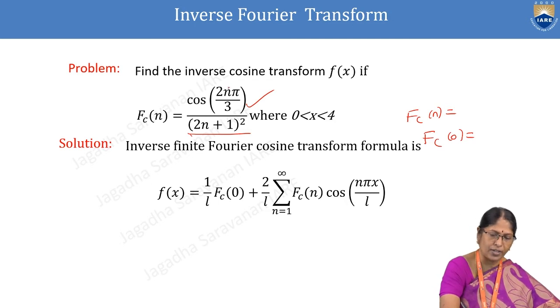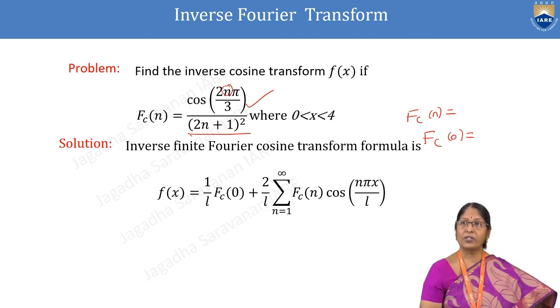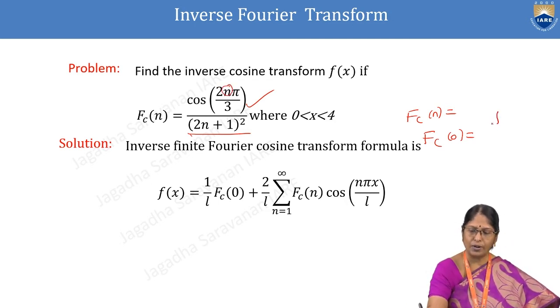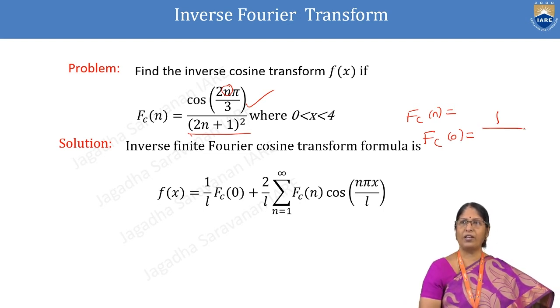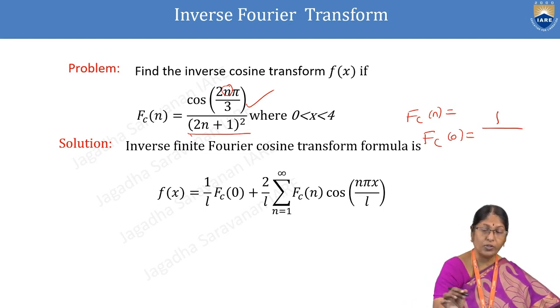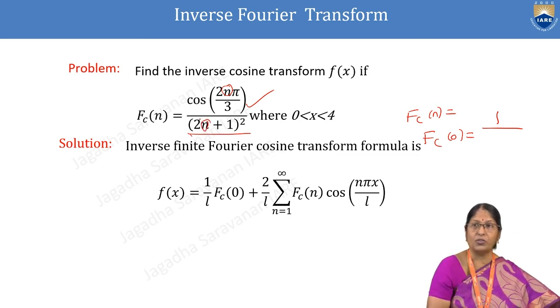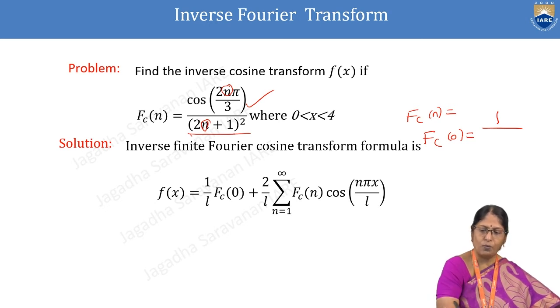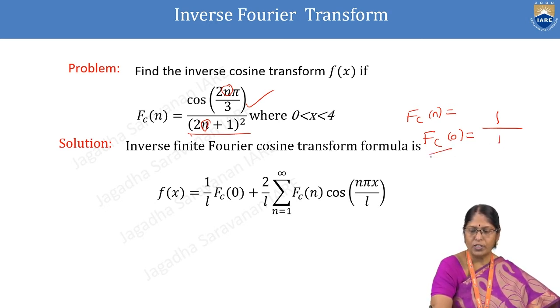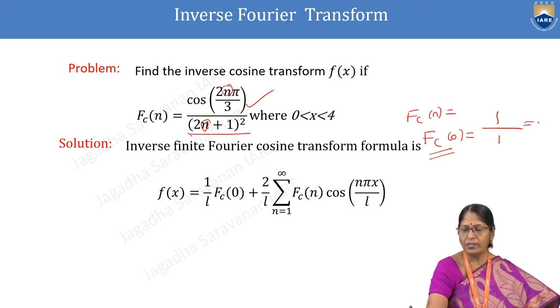First the top: cos of 0, we know, is 1. So the numerator value is 1. What about the denominator? Here we substitute n plus 0. So 2 into 0 is 0, 0 plus 1 is 1, 1 square is also 1. So we got this particular value: FC of 0 is 1.